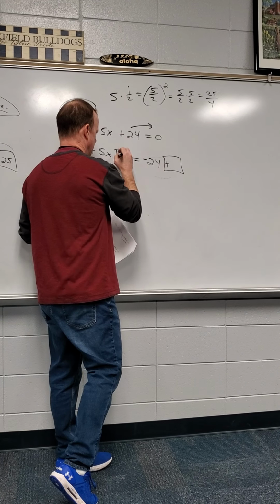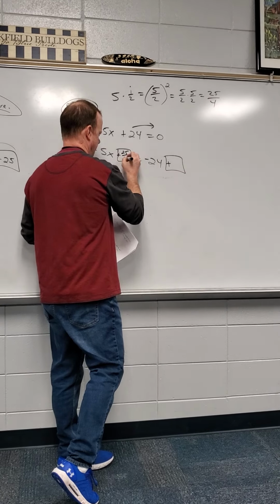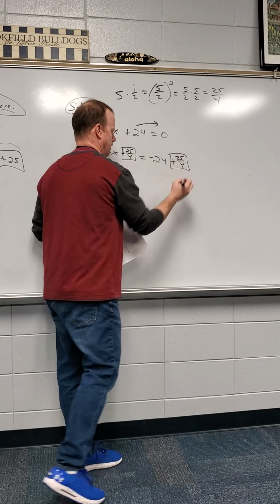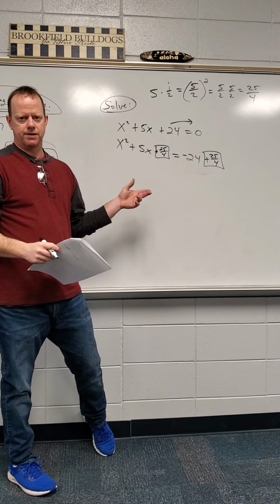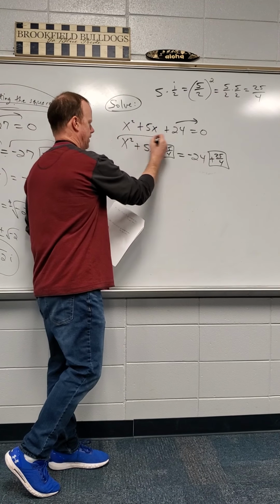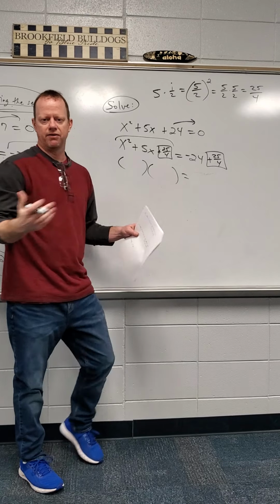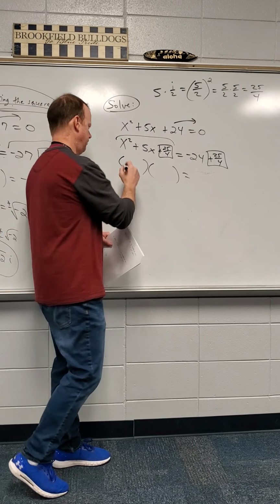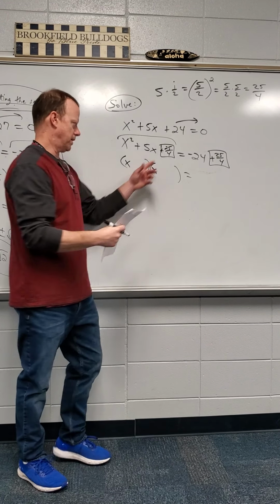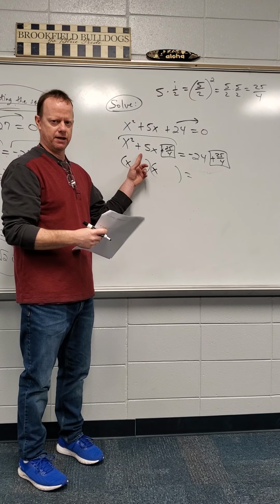So I add 25 fourths to both sides of the equation. Right here, we've got to factor this trinomial. It will always factor to be some quantity times itself. x, x, constant's positive, so you look to the middle to get your signs.